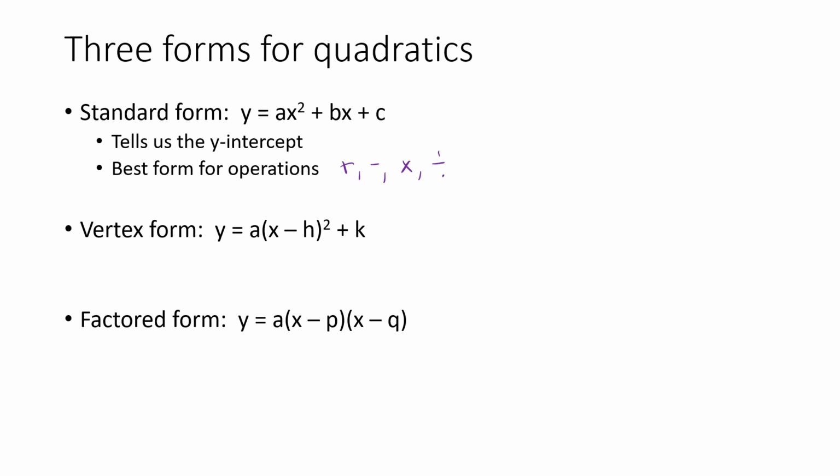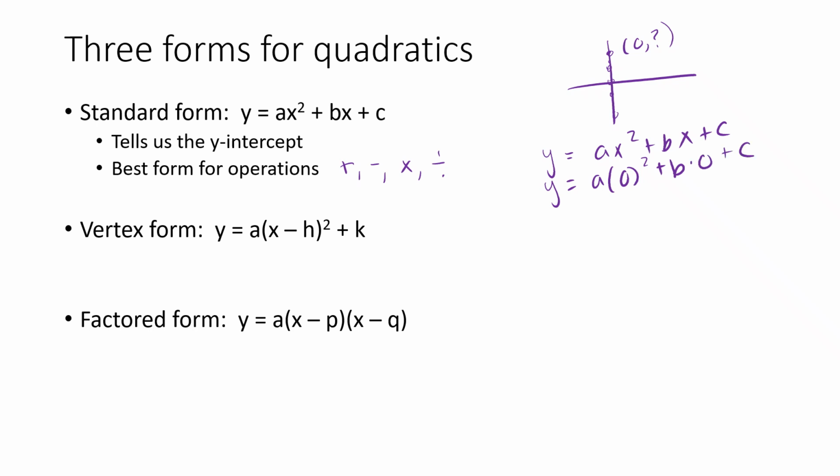Now, when I say it tells us the y-intercept, here's the deal with that. We know that on the coordinate plane, the y-intercept, wherever it happens to be, has an x coordinate of 0. So if you take your equation in standard form and you plug in x is equal to 0, 0 squared is 0, and a times it is all 0, and b times 0 is 0.